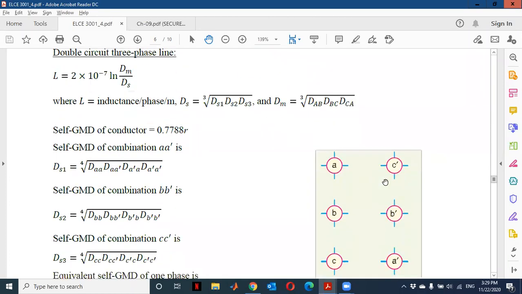Now, the main equation to find the equivalent inductance is 2 times 10 minus 7 ln dm over ds.